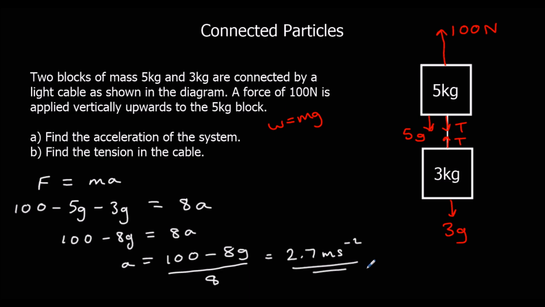Find the tension in the cable. So to find the tension in the cable, we're just going to look at one block. So we'll just look at the bottom block, and again do F equals ma.